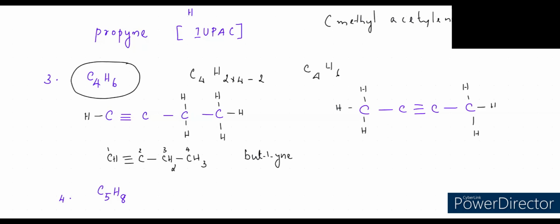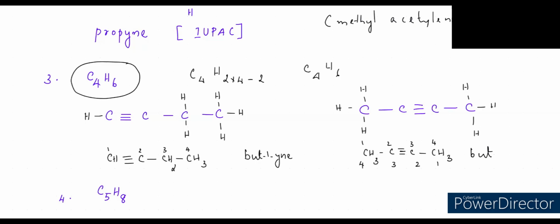CH3, C triple bond C, single bond CH3. How do I name this? 4 carbons, but-. Numbering: if I number from left to right, the triple bond is between carbon 2 and 3. If I number from right to left, the triple bond is again between carbon 2 and 3.